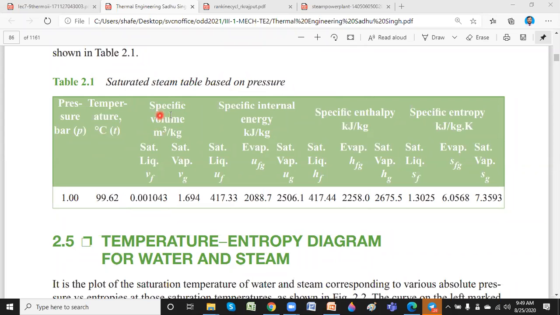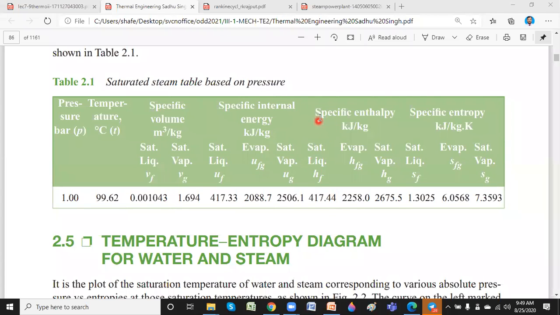And the next third column has two sections. One is called saturation liquid volume, vf, which indicates volume of liquid. And you have one more thing, that is saturated vapor, so volume of vapor. And forget about internal energy because we are not going to use it anyway.